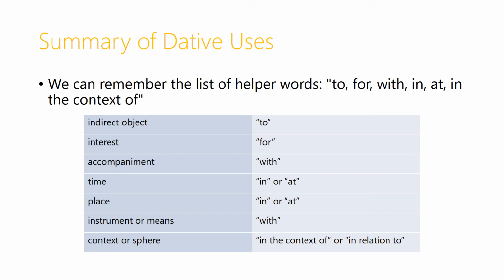The indirect object using "to," interest with the helper word "for," accompaniment with the helper word "with," time and place both use the helper words "in" or "at," instrument or means again uses the helper word "with," and context or sphere we might use helping expressions like "in the context of" or "in relation to." And so it might help for you to remember this list of possible helper words for the dative: to, for, with, in, at, in the context of.